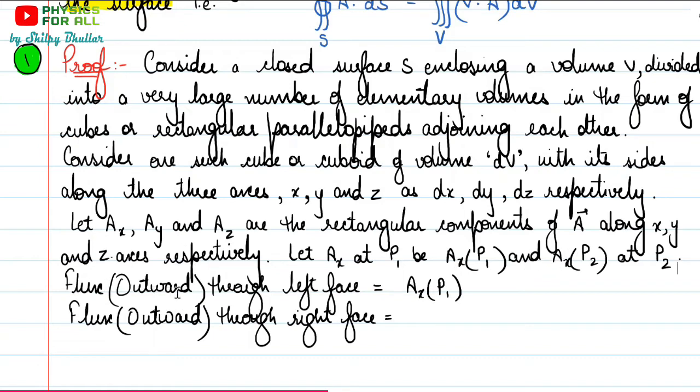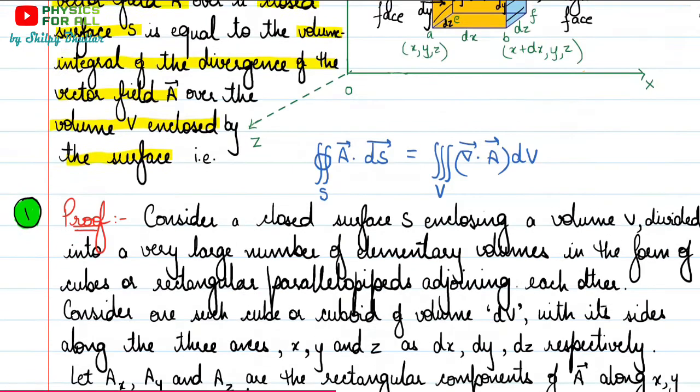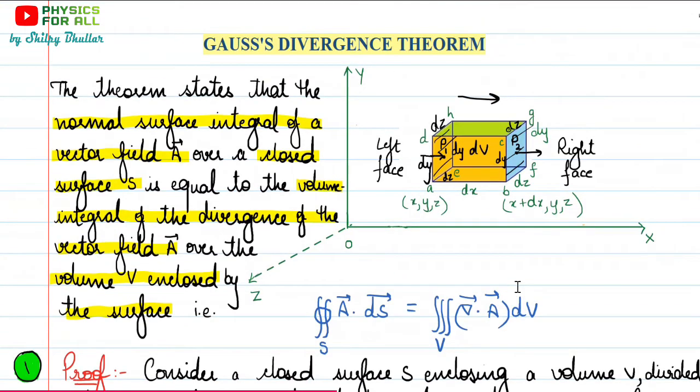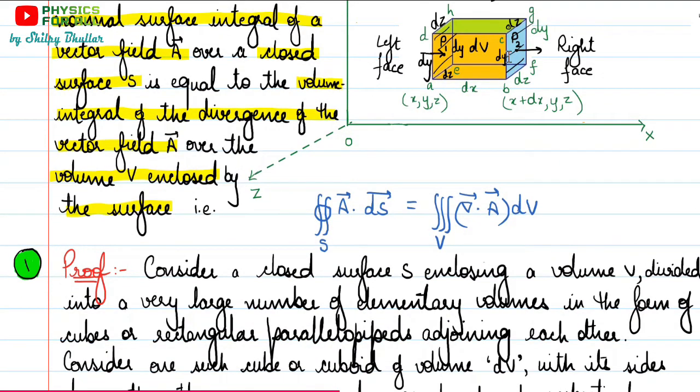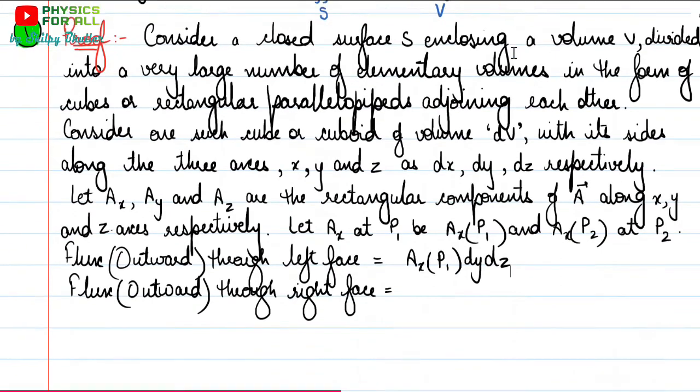So the outward flux through the left face would be the value of ax, or whatever is the value of the x component, multiplied by the area of the face, which is dy dz. You can see here dy dz is the area of the left face, and similarly for the right face, dy dz is the area, and the value of ax is ax P2.